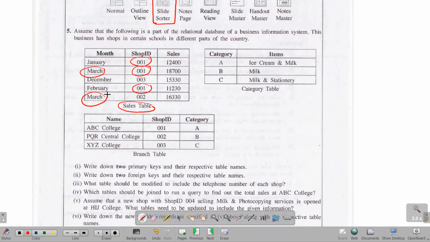So that means these 2 things together can be taken. And for the category table, category. For the branch table, shop ID. Right, so you only need primary keys of 2 particular tables.